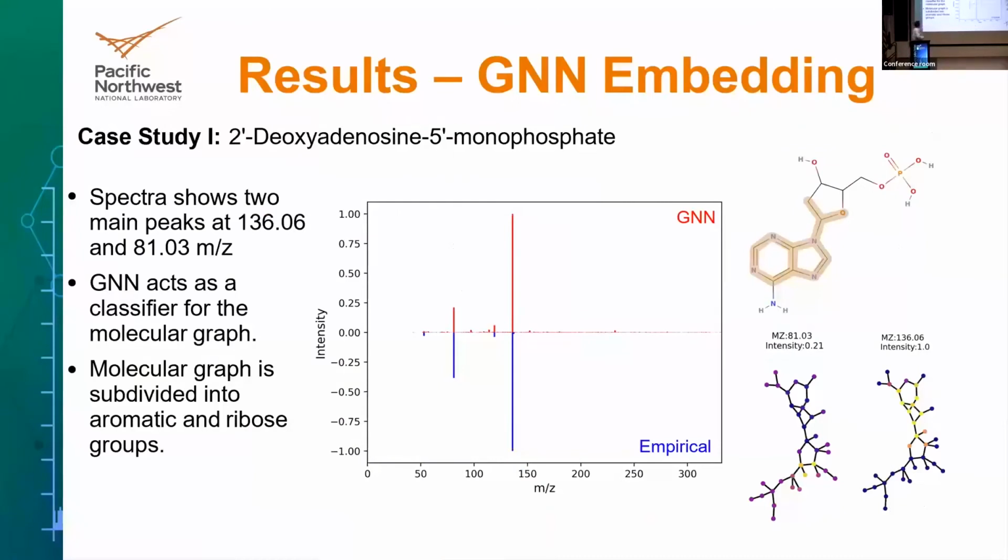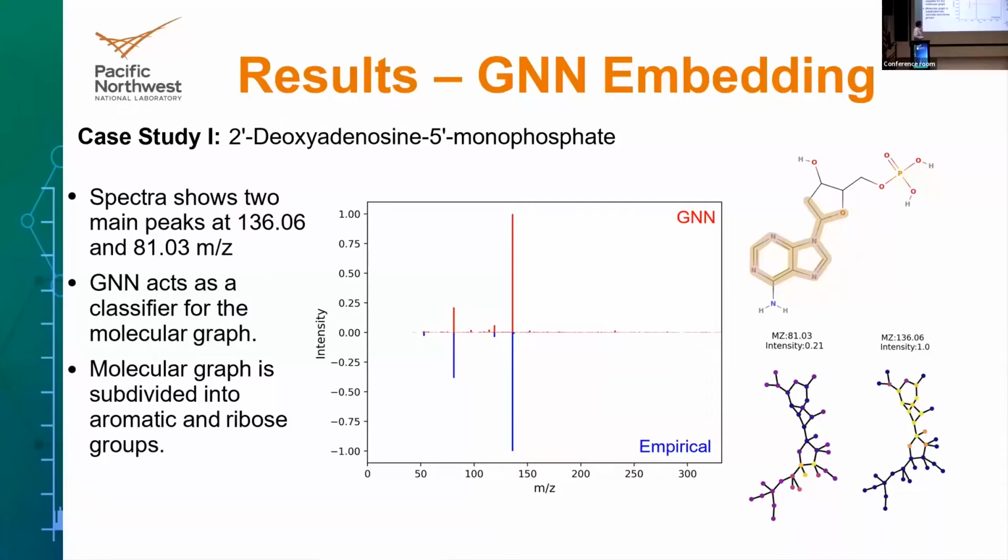Taking a look in detail at the 2-deoxyadenosine 5-monophosphate molecule here, we can start to see a clear categorical shift in the color mapping of each of these signals, where the yellow seems to associate with the aromatic ring, and then there seems to be a division around the ribose group. So there appears to be some, if not chemically meaningful, division with well-separated peaks here.